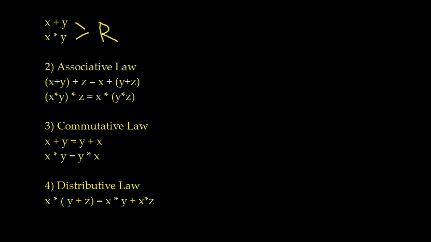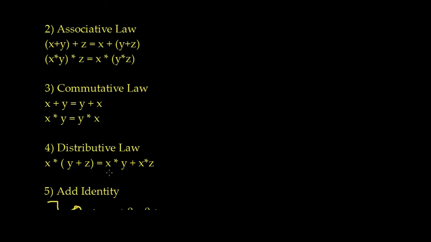So associative law says it doesn't matter where I put the brackets, I will still get the same answer at the end. Commutative law is saying it doesn't matter which order I add or multiply, I will still get the same answer. Distributive law is saying that when you multiply the x throughout the brackets, you will get x times y plus x times z, which is true.